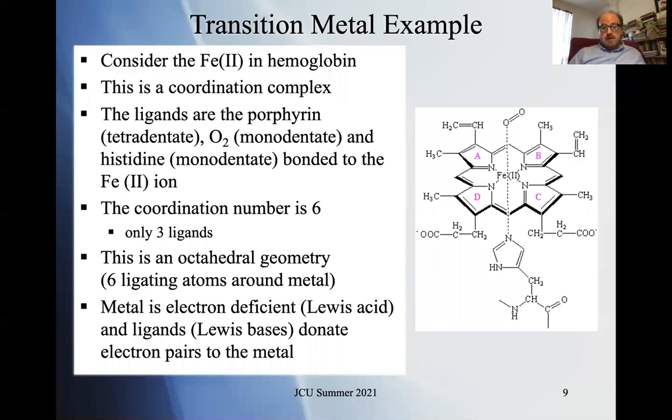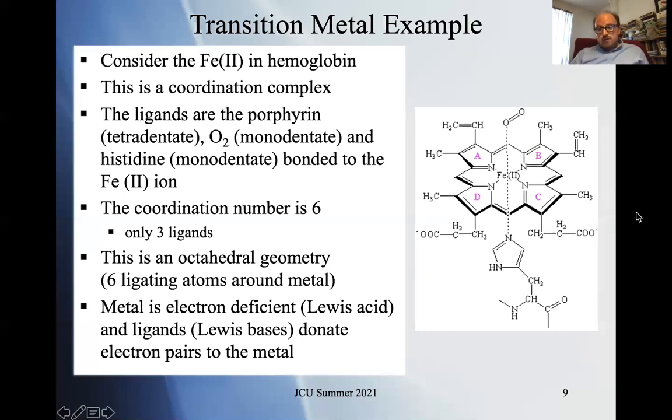So in general, the metal is considered a Lewis acid because it can accept more electrons, and the ligands would be viewed as Lewis bases. This is a generalization, not a hard and fast rule, but for our experiment, we can consider the metal a Lewis acid and the ligands Lewis bases. They form coordinate covalent bonds when they form this complex ion, in large part because of the 18 electron rule.